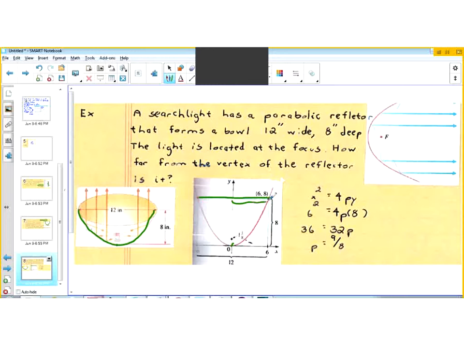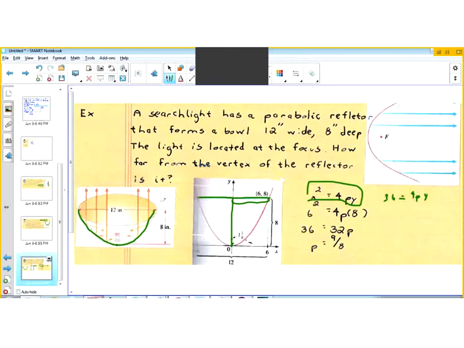By symmetry, we know this distance to be 6. Now, in the xy plane, the generalized equation of the parabola with vertex at the origin opening up is x squared equals 4py. We already have a value of x, so 36 is equal to 4py. When you're 6 inches this way, we're 8 inches from the vertex in the vertical direction. So we know this to be 8 inches.